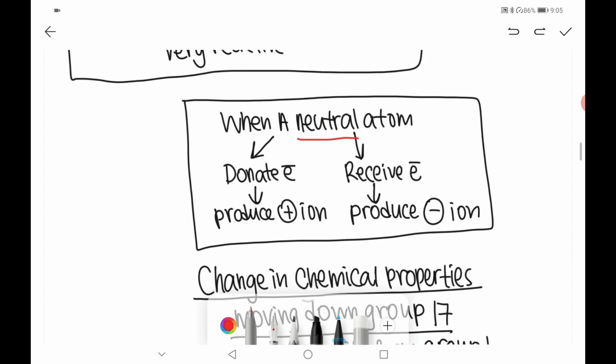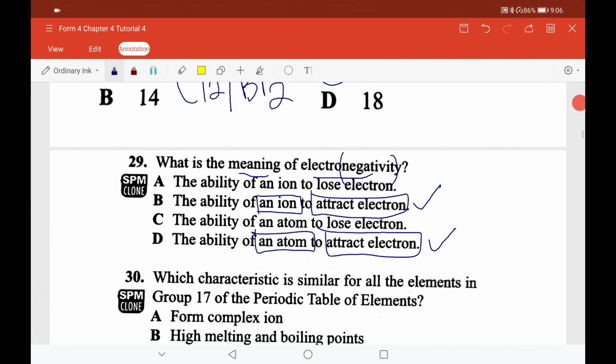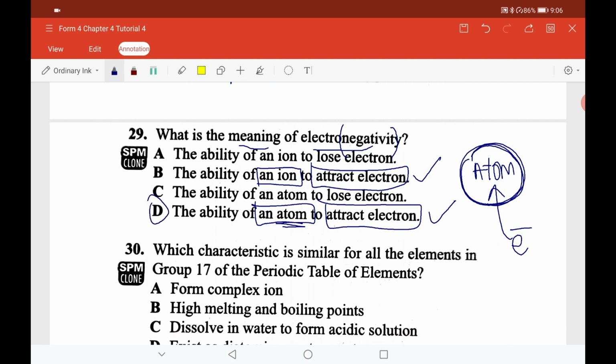If this neutral atom can donate electron easily, it is electropositive. When this neutral atom can receive electron easily, it is electronegative. No matter donate or receive electron, it all starts with the neutral atom. So we must choose atom. So the answer is D.